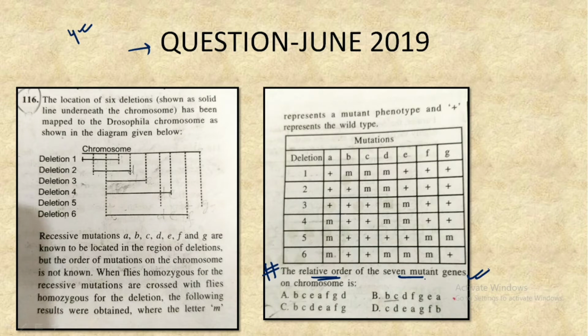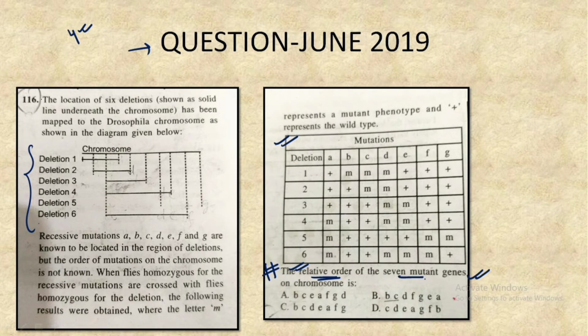Even without reading the complete question, I can make out that this is the map given for the deletions, and this is the cross result. If you do not have ample time, you can just analyze both of these figures and solve the answer if you know the trick. But if not, we will solve this question by reading the complete question.